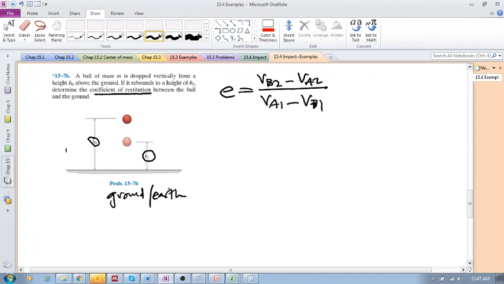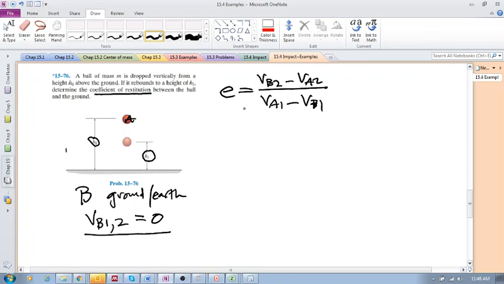Whenever you have these kinds of problems, our assumption is that the earth's velocity, at state 1 and state 2, is 0. So let's call the ball particle A and the ground particle B. Our assumption is that particle B's velocity before and after impact is 0.